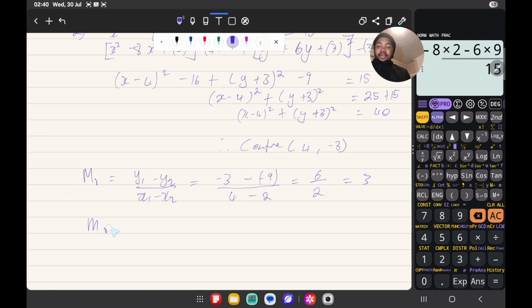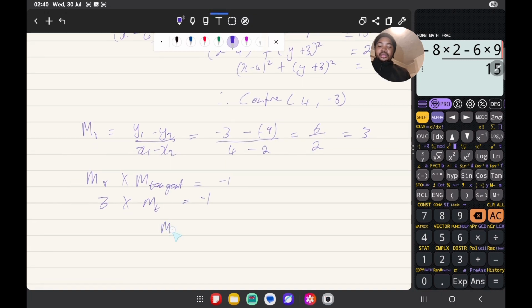Then you say gradient of the radius multiplied by the gradient of the tangent equals minus 1. You have 3 multiplied by m_t equals minus 1, and therefore m_t is minus 1/3.